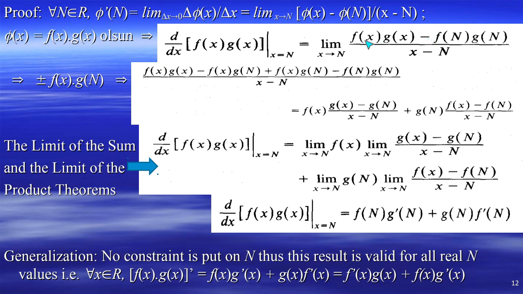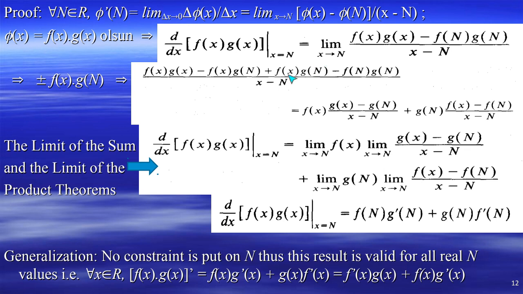Well, since I have in hand f of x times g of x and f of n times g of n, I can put f of x times g of n, or f of n times g of x. One of the cross terms. And in order to introduce this cross term between these two, what shall I do? I will just subtract and add this term.